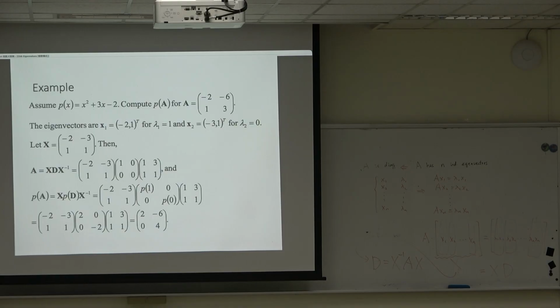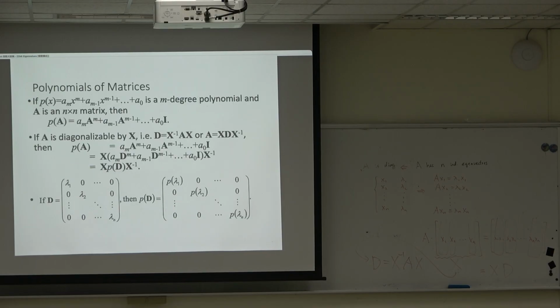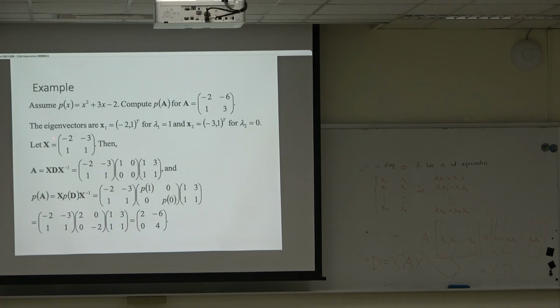That's quick, it doesn't take much time. But if you want to do it in this manner, you need to first diagonalize A, and then convert A into X D X inverse. Luckily, it's 2 by 2, so it's not that much effort, but still, I think you can just compute it directly. I think that's easier.